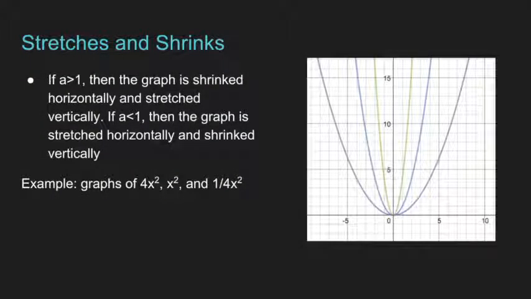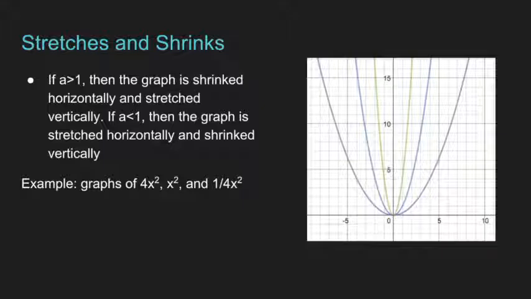Stretches and shrinks, so now we are manipulating the graphs. If a is greater than 1, then the graph is shrunk horizontally and stretched vertically. If a is less than 1, then the graph is stretched horizontally and shrunk vertically. And this can be seen well in the graphs of 4x squared and 1/4 x squared.